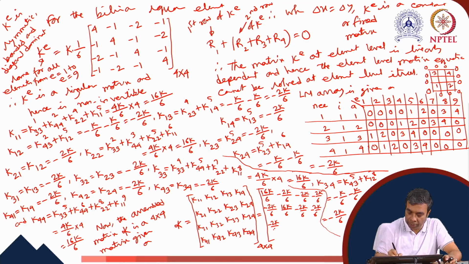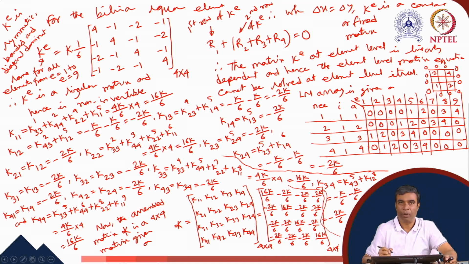Then minus 2K by 6, minus 2K by 6, 16K by 6, minus 2K by 6. Final row: minus 2K by 6, minus 2K by 6, minus 2K by 6, 16K by 6. So, this is the assembled matrix for the given Poisson equation.